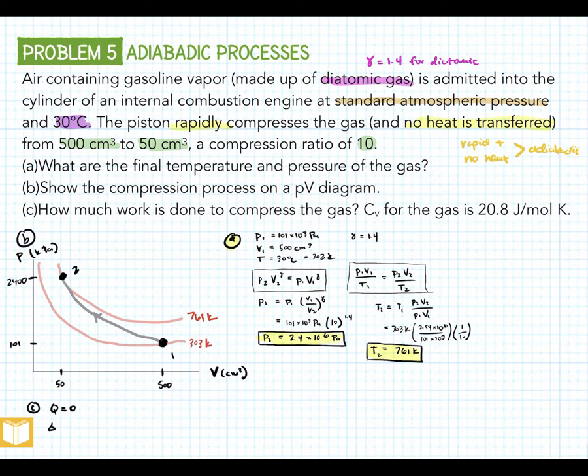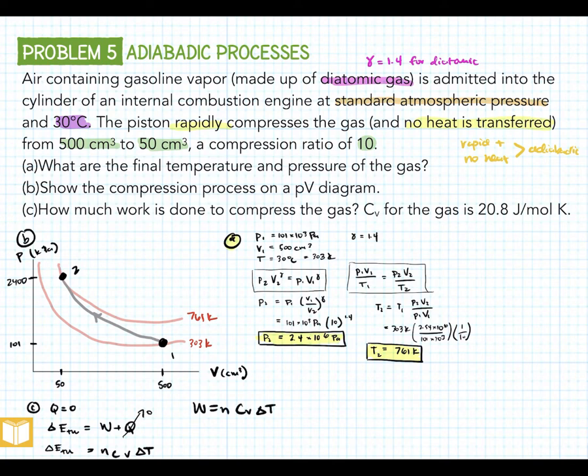So the first law of thermodynamics says change in thermal energy is equal to work plus Q, where now we know that Q is 0. We also know that the change in thermal energy is always NCV delta T. So that means that change in thermal energy equals work, which means that work also equals this. So that we can write this as work is equal to NCV delta T.